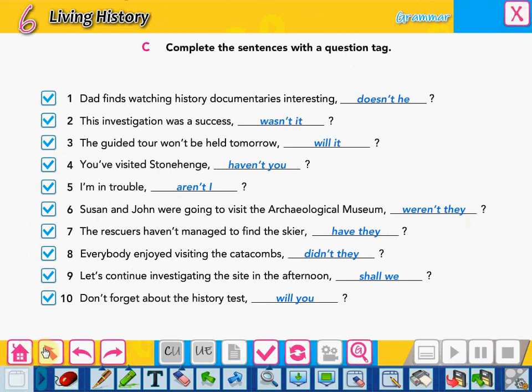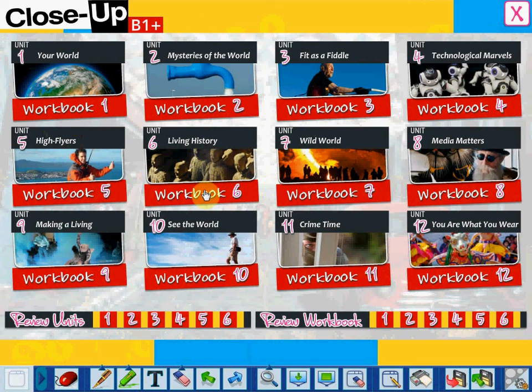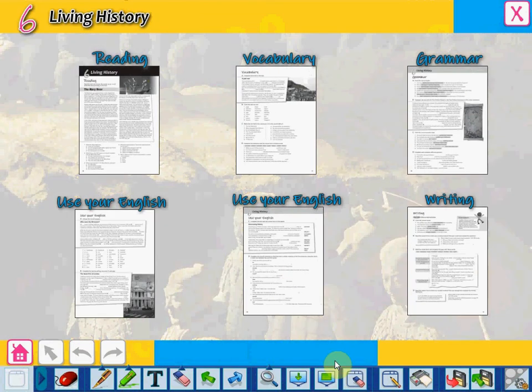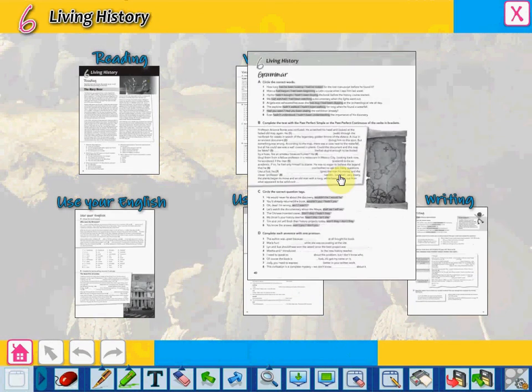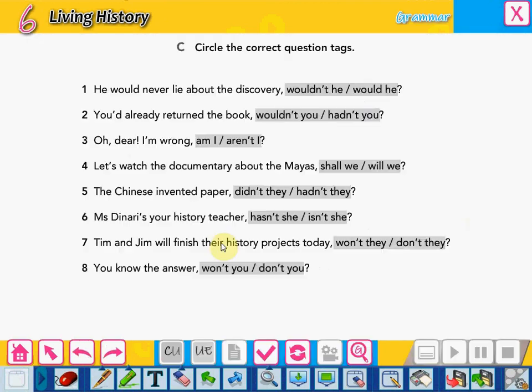Now let's go to your workbook, page 40, exercise C. So number 1, he would never lie about the discovery. The answer should be would never.